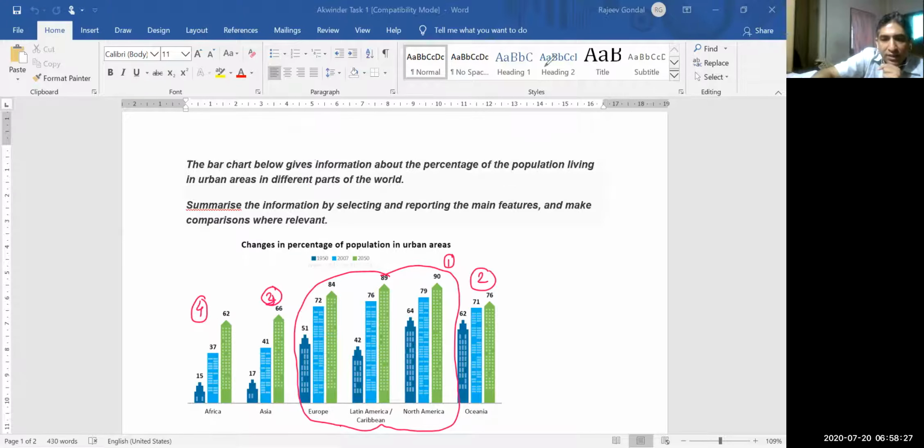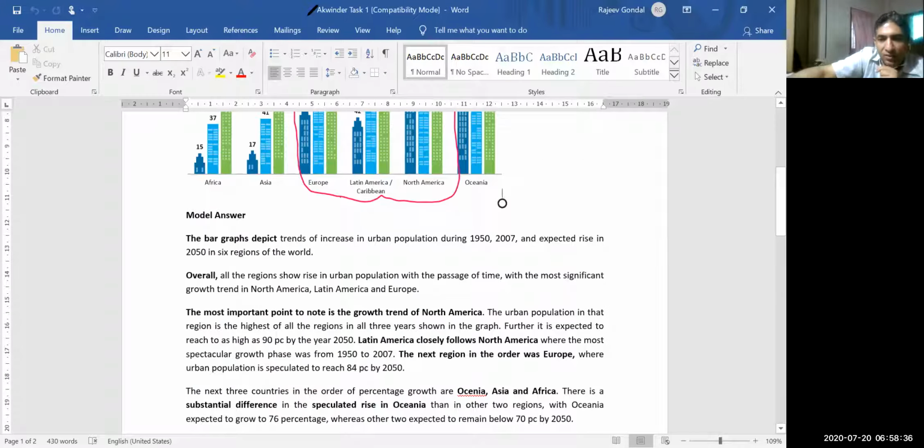Okay, now the next thing that you're supposed to do while writing about the graphs is to write about the overall picture. Start with the overall picture, one statement which gives the complete picture of the passage. So you can use this kind of structure here.